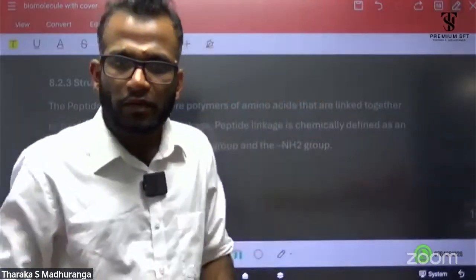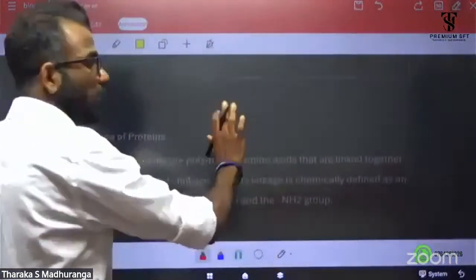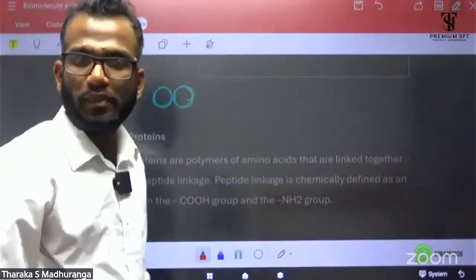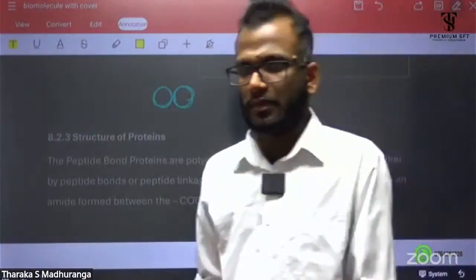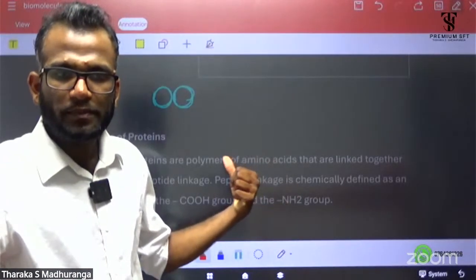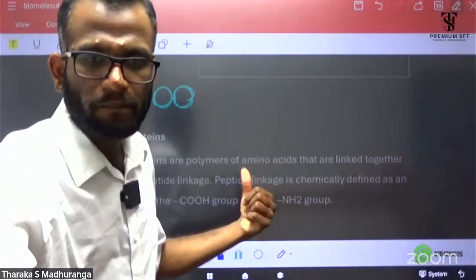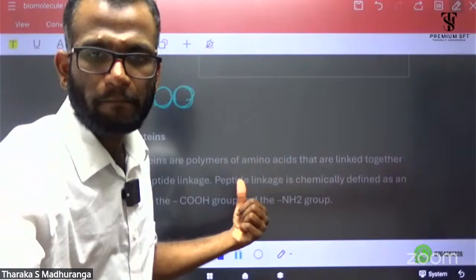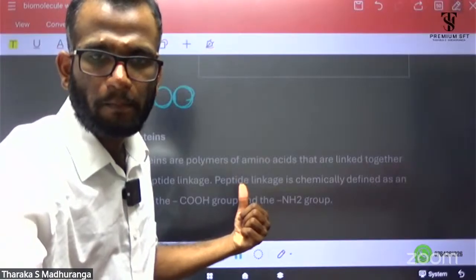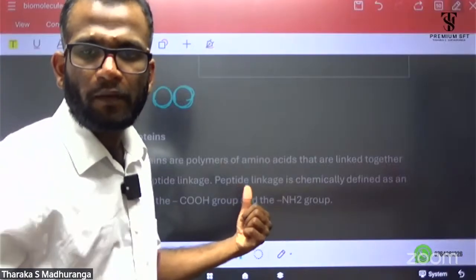What is the name of this structure? Two monosaccharides combined with a glycosidic bond, not in proteins, in carbohydrate.